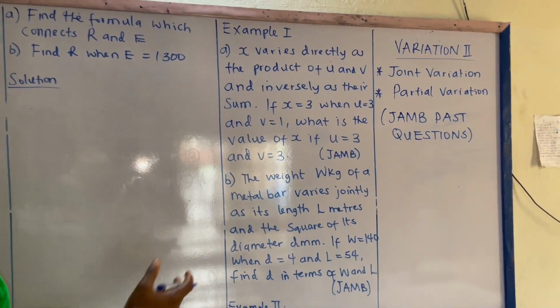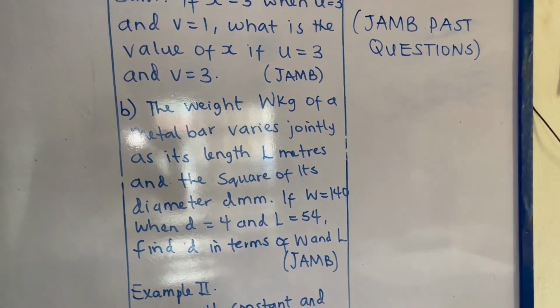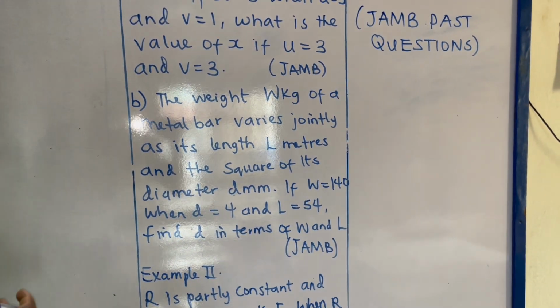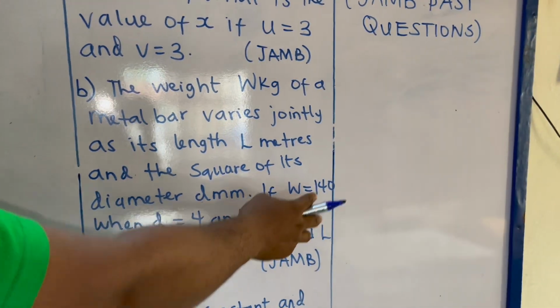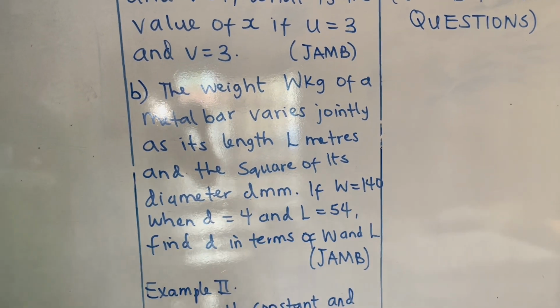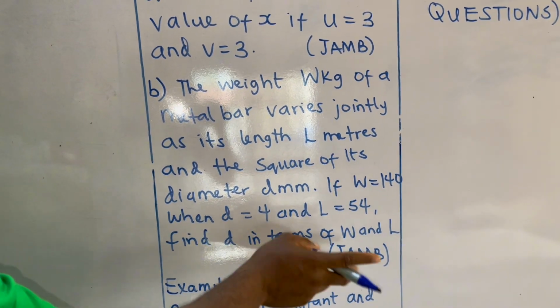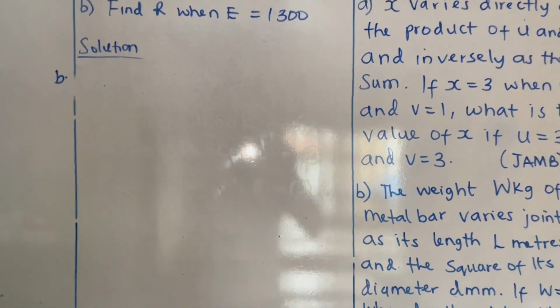For the second part, the weight W kg of a metal bar varies jointly as its length L meters and the square of its diameter D. If W is 140 when D is equal to 4 and L is equal to 54, find D in terms of W and L. So this is a question under joint variation.